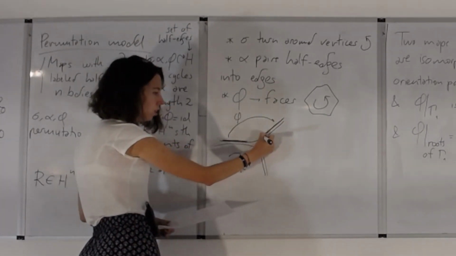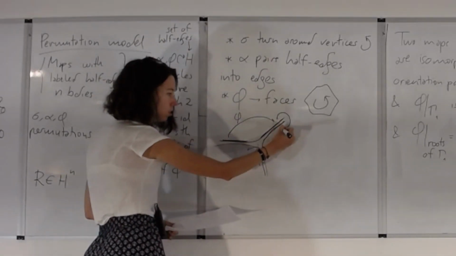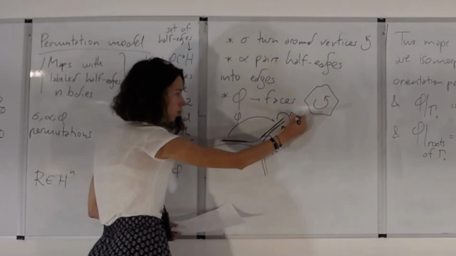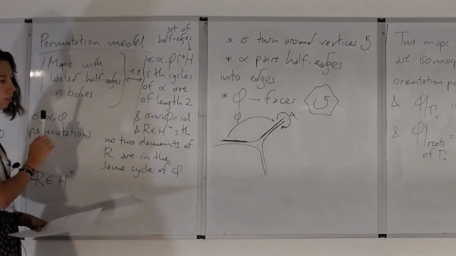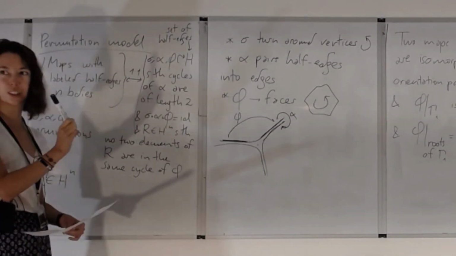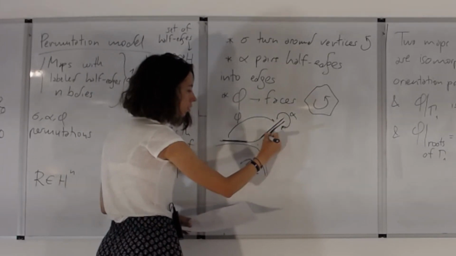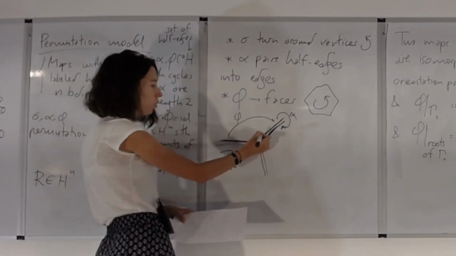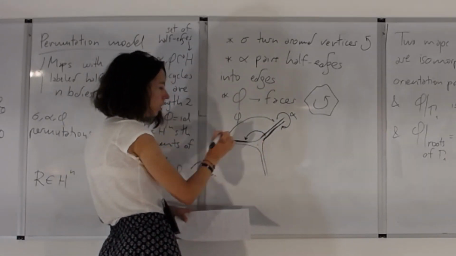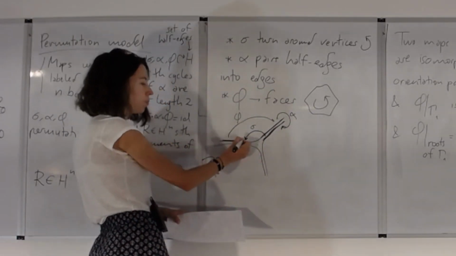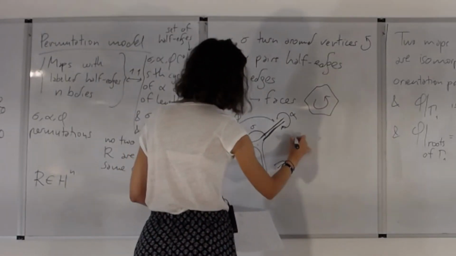So it just goes from this one to this one. And then sigma that goes counterclockwise around the vertex. So this one is the one incident to the vertex, and sigma will just send it to the previous one, incident to the vertex. So it comes back to the original one. So this drawing justifies why we have this.